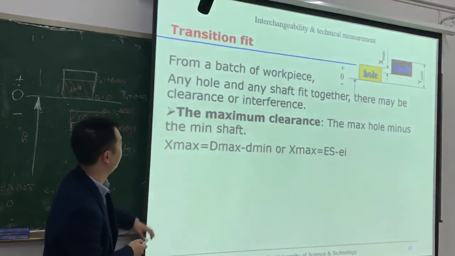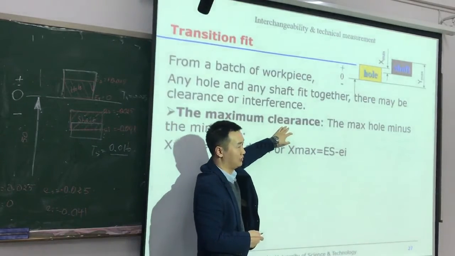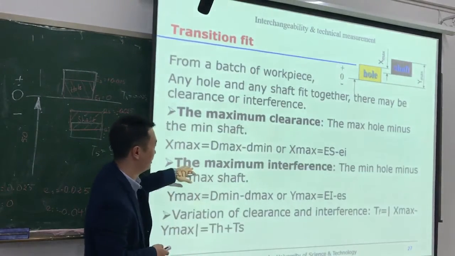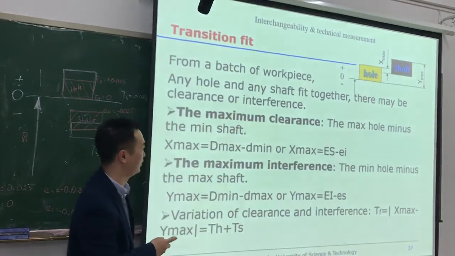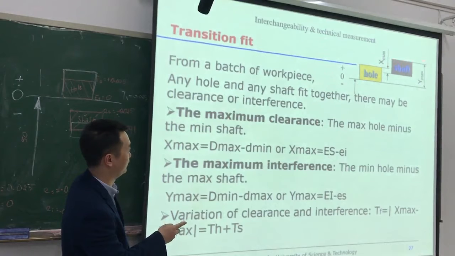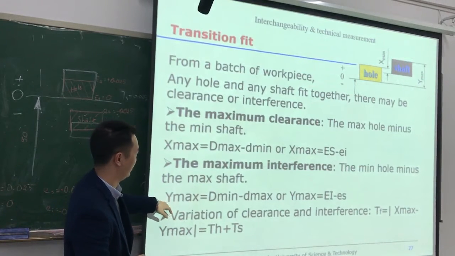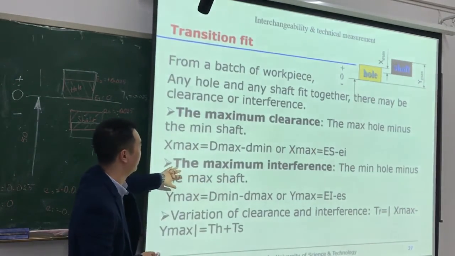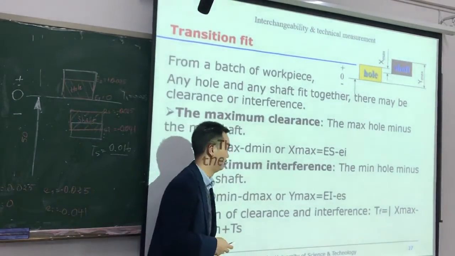And for transition fit, we do not have the minimum clearance. We have the maximum interference. The maximum interference is using the minimum hole minus the maximum shaft. This equation is equal to the interference fit's calculation of maximum interference.